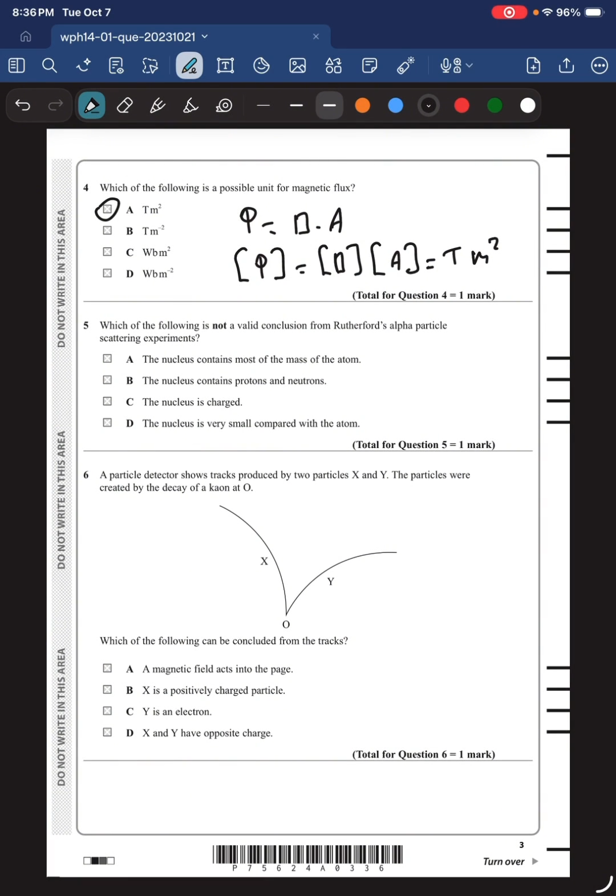Okay. It's pretty much this, because they didn't know about the neutron at the time of Rutherford. So it's B. But let's go over the other answers. The nucleus is charged. This is something they concluded. Okay, so that's correct. And then the nucleus is very small compared with the atom, which is something they concluded as well. So the only thing they didn't conclude from these experiments at the time was the existence of neutrons.